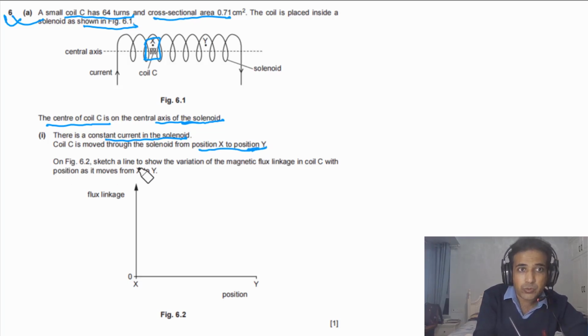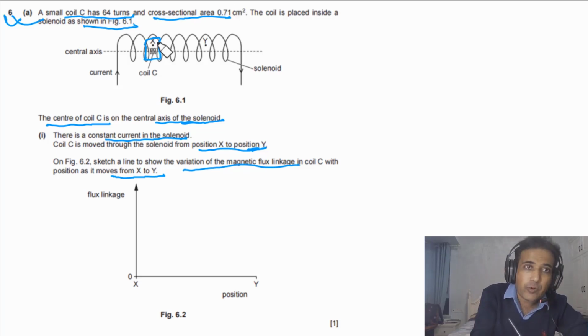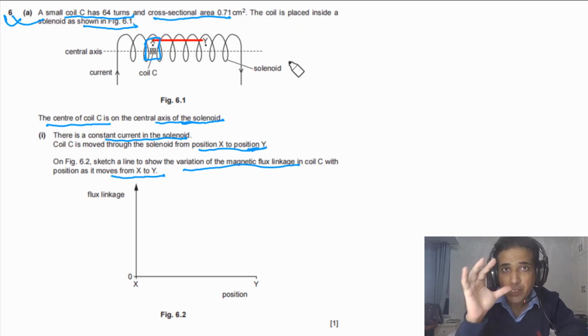On figure 6.2, sketch a line to show the variation of the magnetic flux linkage in coil C with position as it moves from X to Y. Means when we move this coil C from X to Y, what is the change in the magnetic flux linkage?